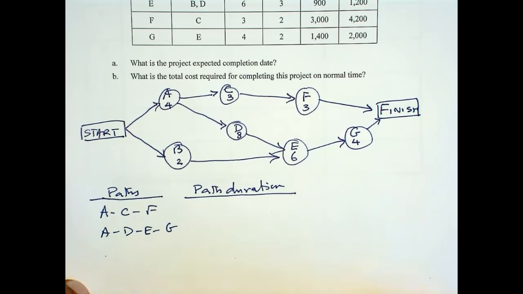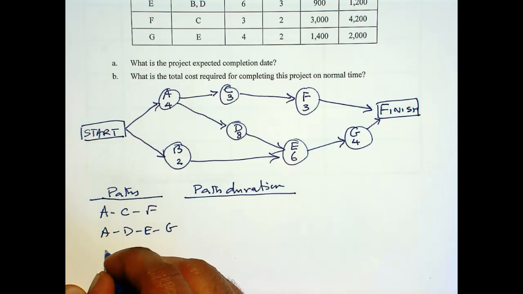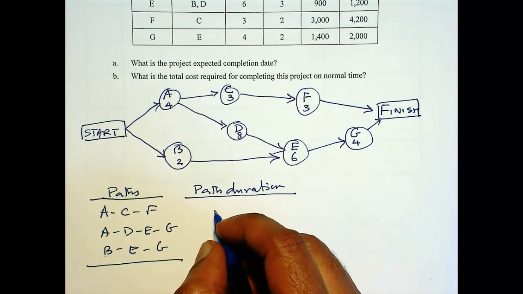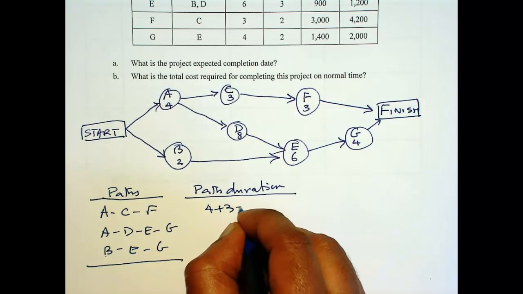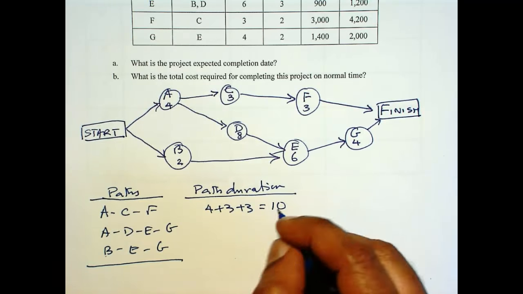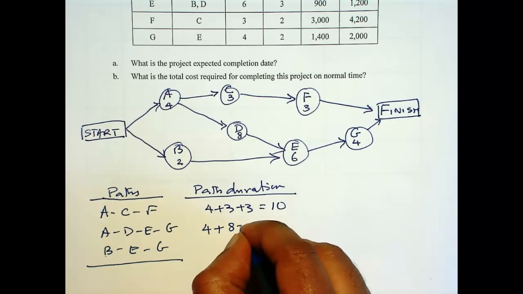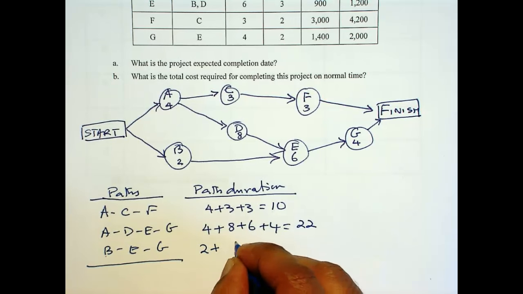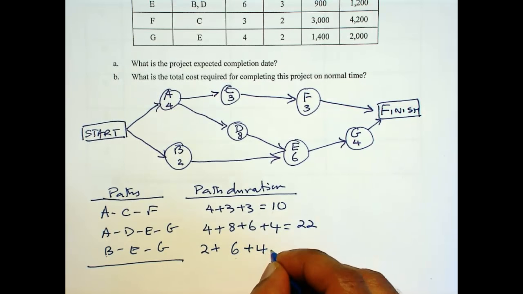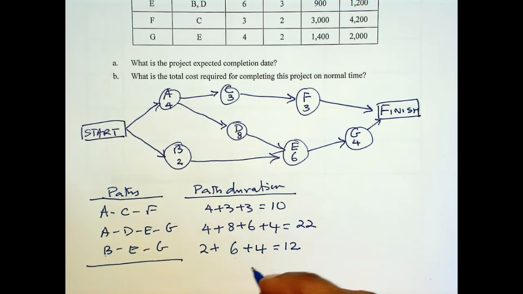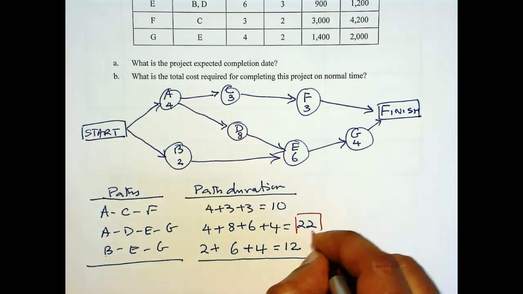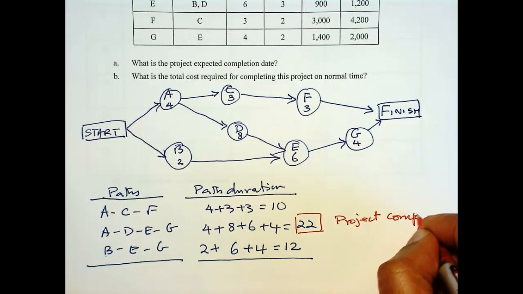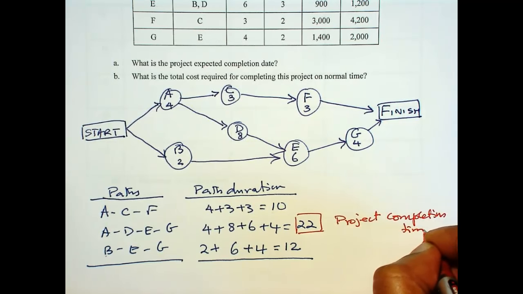The path durations are 4 plus 3 plus 3 equal to 10, 4 plus 8 plus 6 plus 4 equal to 22, 2 plus 6 plus 4 equal to 12. So that is our project completion time under normal time, and this is our critical path.